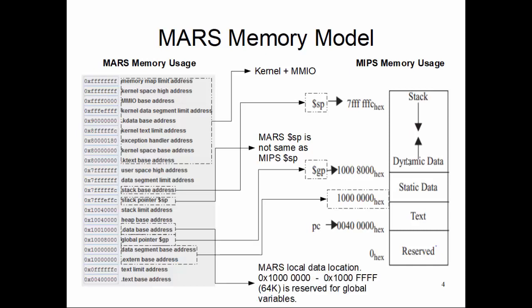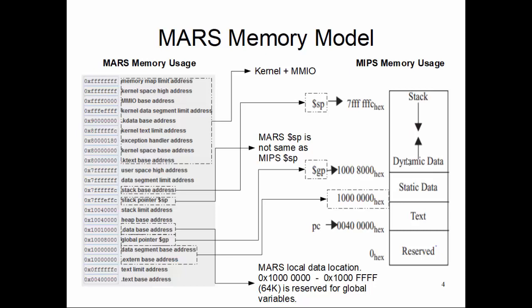Mars local data locations start from the base address pointed to by MIPS, which is fine, but they span beyond 100,080,000, up till 1000FFFF. So all your local data, like storing bytes, strings, and values, and global data, is reserved for your global variables.